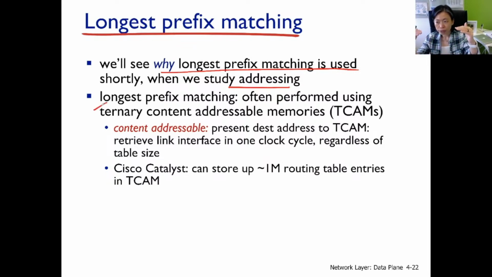Now back to longest prefix matching. If you recall, in the lower part of the router, the data plane, we often use hardware to optimize all sorts of processing there. Longest prefix matching is performed this way, also using specialized hardware called TCAMs, ternary content addressable memories. It's not strictly a memory space.